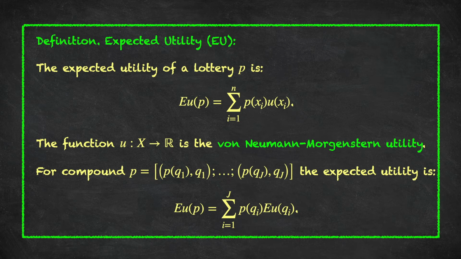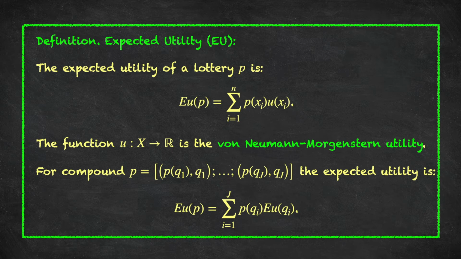This utility function is then used to take an expectation of the utility value for a lottery. So when I look at a lottery P, I know that I might get outcome x1 all the way up to xk. Each outcome occurs with a certain probability, px1, px2, and so on, up to pxk. When I consider evaluating this lottery, I look at the outcomes I can get and transform them using the von Neumann-Morgenstern utility function into a utility value for that outcome.